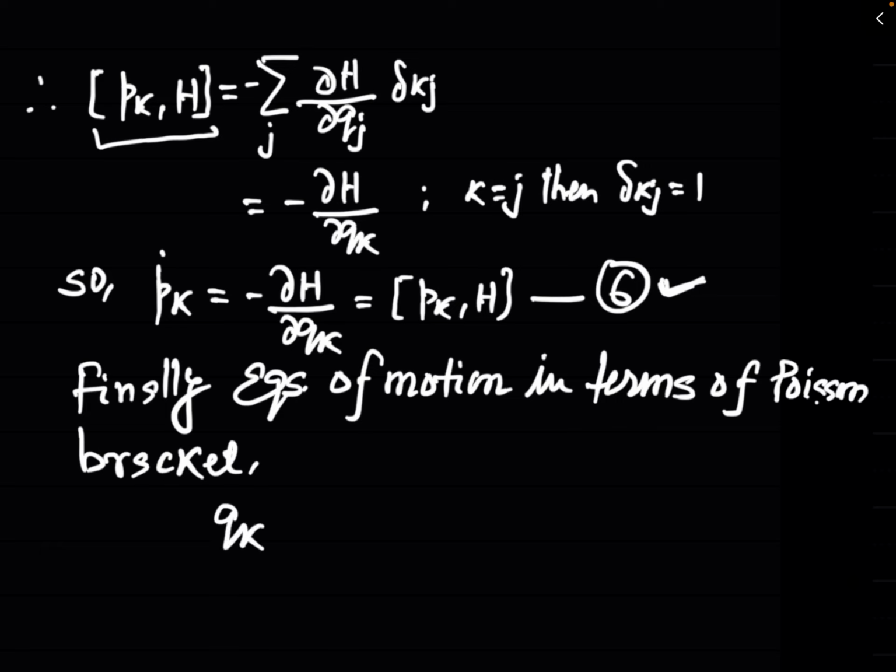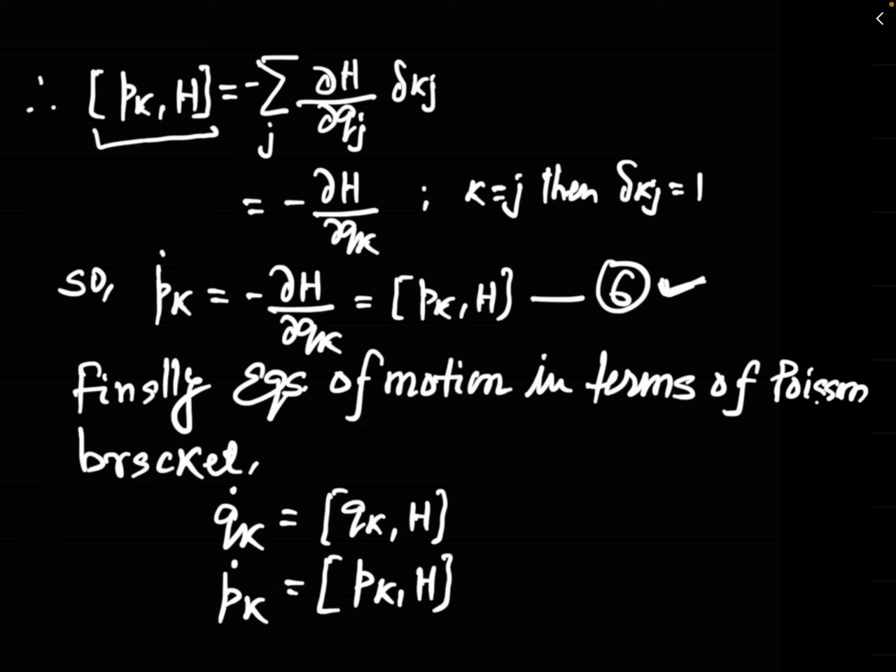You can write qk dot equal to the Poisson bracket of qk and h, and pk dot equal to the Poisson bracket of pk and h.